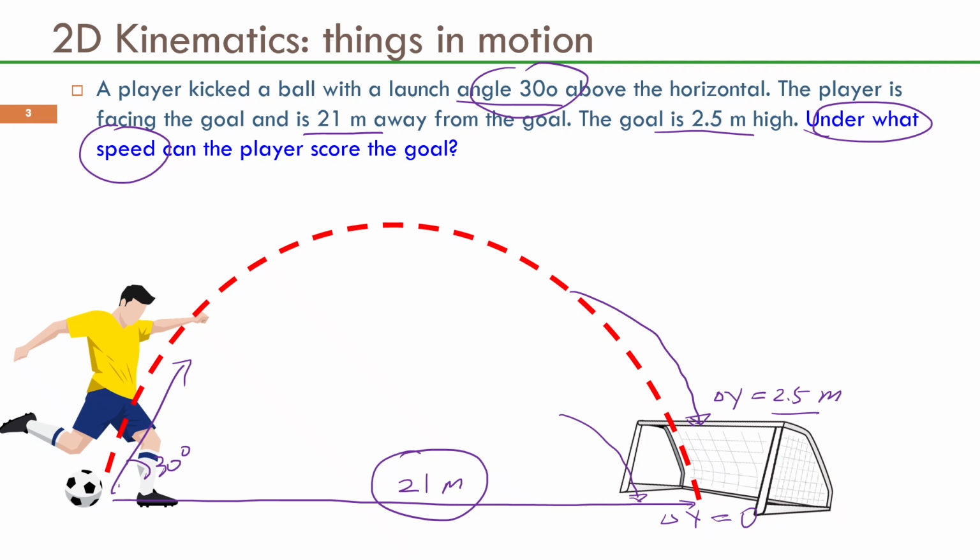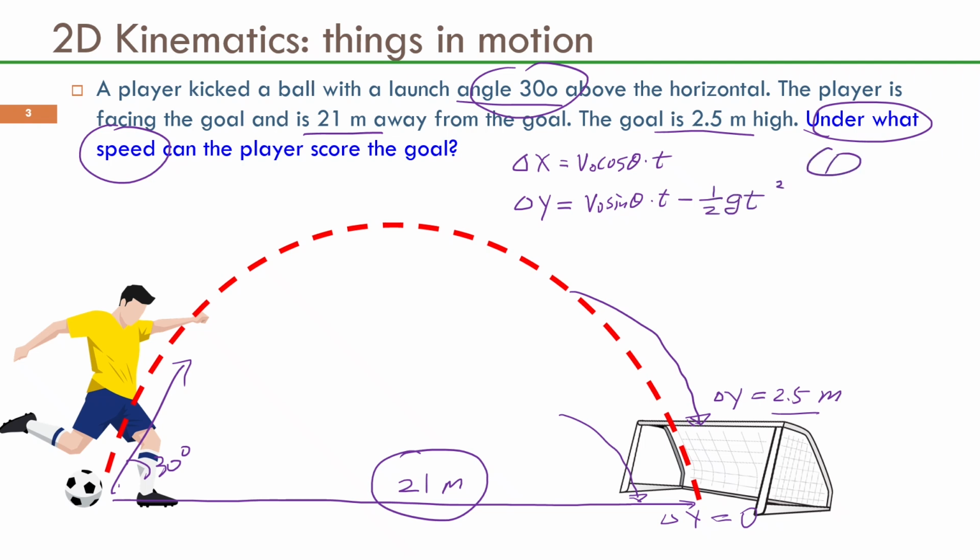Along the horizontal direction, delta x equals v0 cosine theta times t. We have shown this many times. And along the vertical direction, we have delta y equals v0 sine theta times t minus half g t squared.